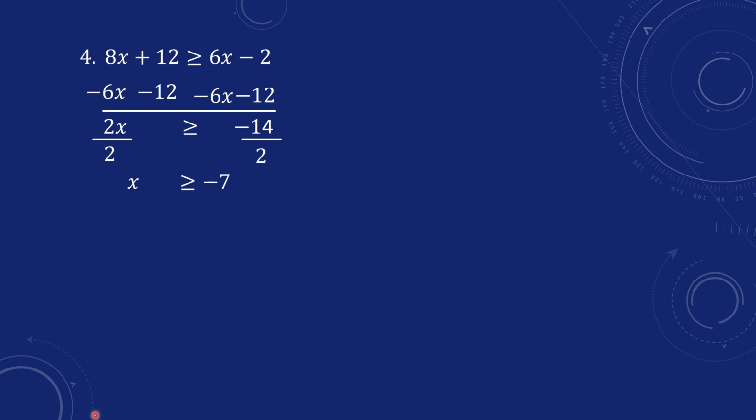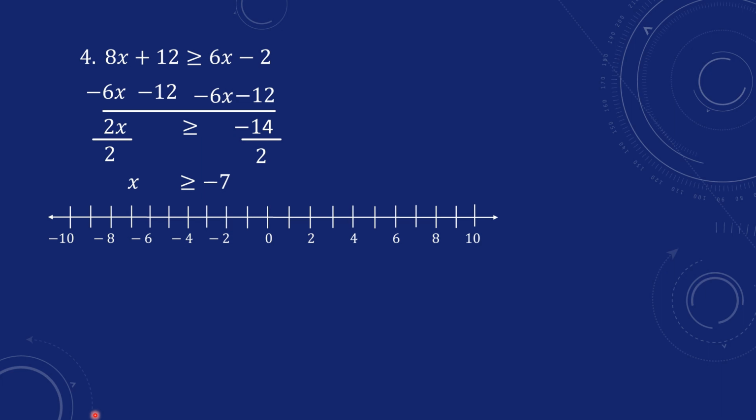Let us graph this on the number line. We are going to draw a closed circle at negative 7 and then shade this part of the number line to the right of negative 7 going to positive infinity.